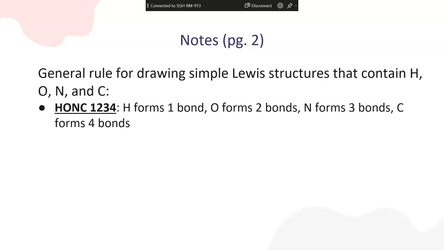Okay, notes. The general rule for drawing simple Lewis structures that contain hydrogen, oxygen, and carbon is called the HONC 1, 2, 3, 4 rule, where hydrogen forms one bond, oxygen forms 2 bonds, nitrogen forms 3 bonds, and carbon forms 4.